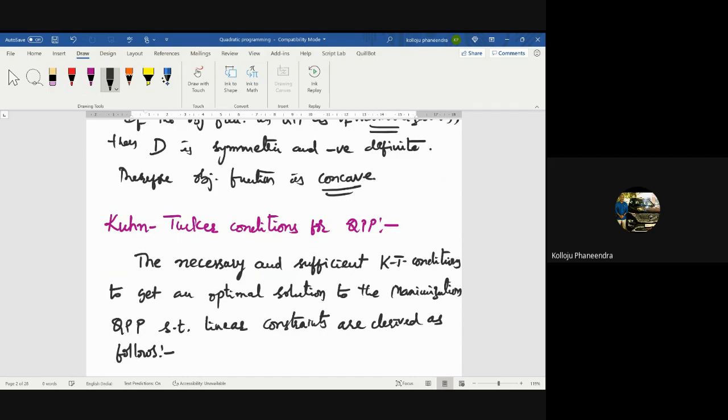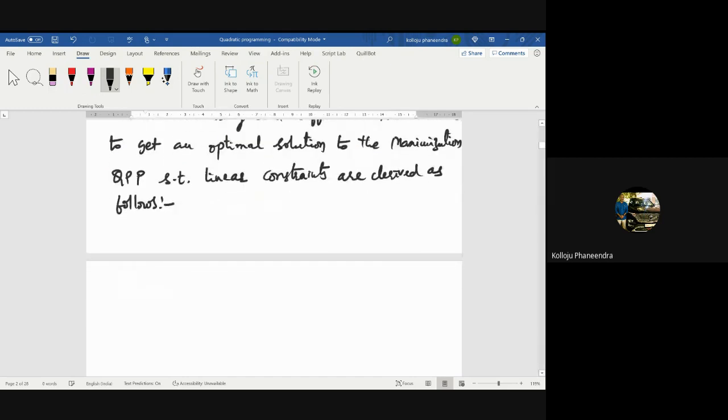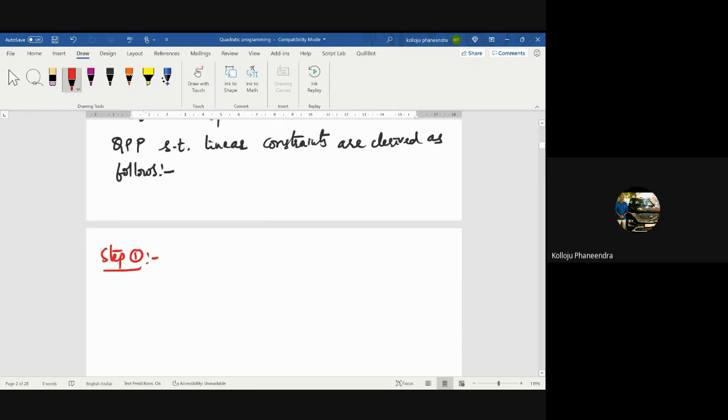So derivation is not important for you, but theory is very important. Step 1. Stepwise I'm giving. In many of the textbooks, steps will not be given. So I'm giving stepwise to understand the concept clearly.